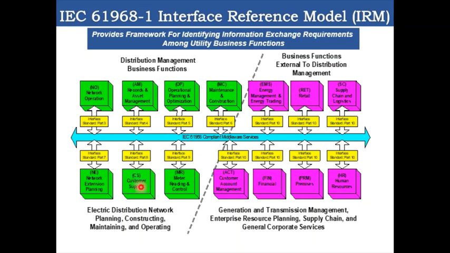Then customer support is in part 8, meter reading and control is in part 9. So this figure will help you to understand that the interface standards which are required to share data into a standard format will be defined in these parts of the reference model.